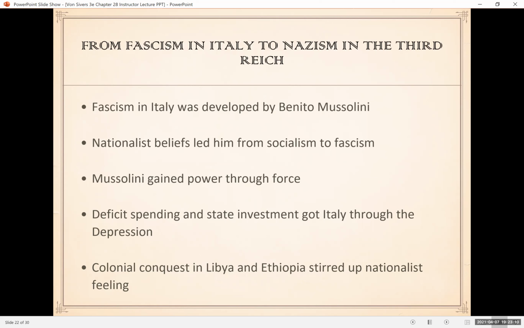And Mussolini comes up with the idea of fascism as a way to unite people to support the state and support basically a corporate state. And so he gets former soldiers around him to form something of an informal militia.